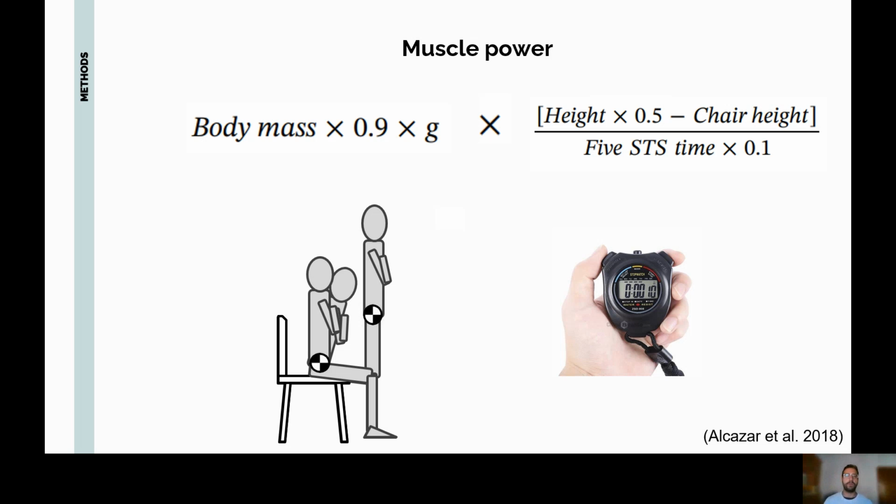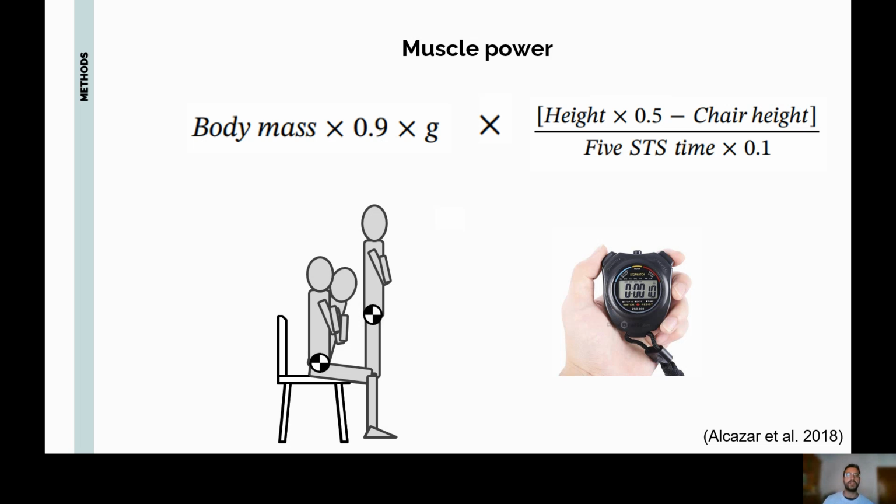Very briefly, the subjects performed 5 repetitions as fast as possible, and muscle power is composed of force times velocity. The force is calculated with the body mass that is moved in this test that we measured, which was 90%. So this is the factor that is corrected here, and G, the gravity value.